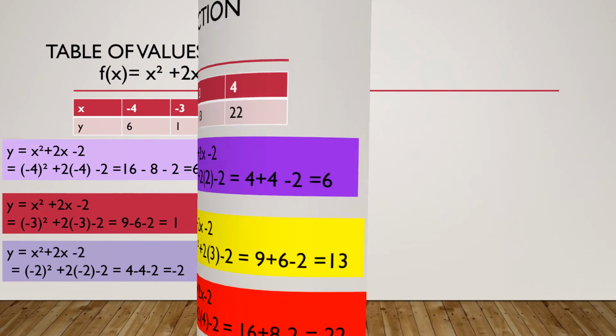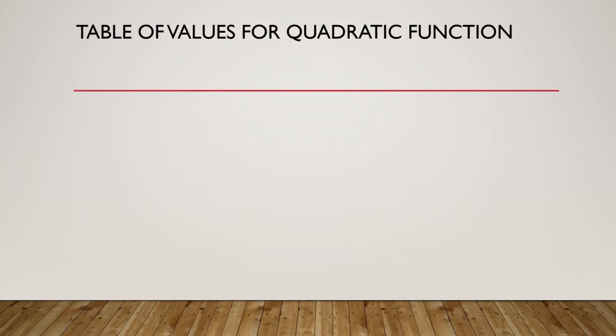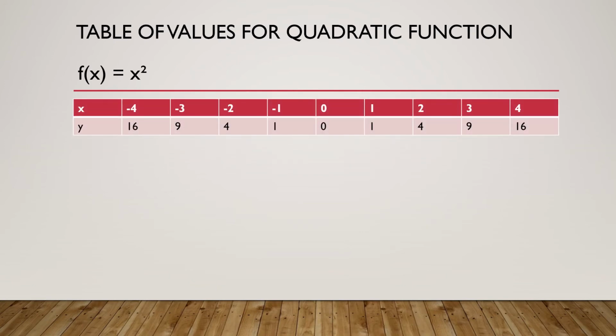Okay. Now, ang gagawin natin, analyze natin yung table of values na given kanina. Yung mga values ng y na nakuha natin after na i-substitute natin yung mga values ng x. Okay, ngayon, ito yung table of values for quadratic function f of x is equal to x squared. Now, tingnan natin, napansin nyo yung mga values ng x dito ay magkakasunod lang.